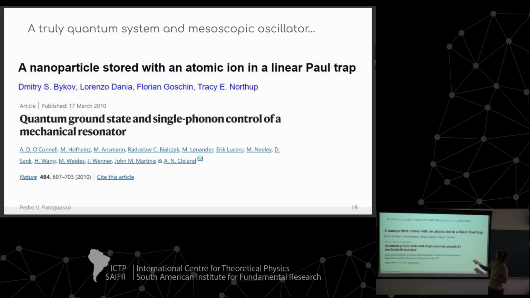Motivated by these experiments, recently we have a nanoparticle trapped with an atomic ion, and this is an older work where a qubit from a superconducting chip interacts with a clamped mechanical resonator. So why not see what happens with a qubit and a classical harmonic oscillator.